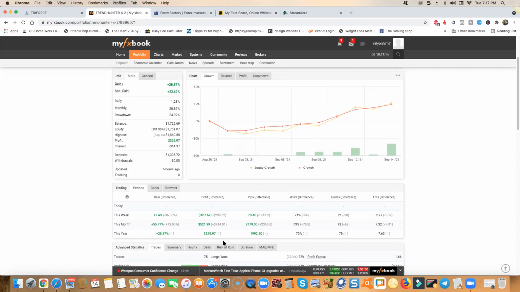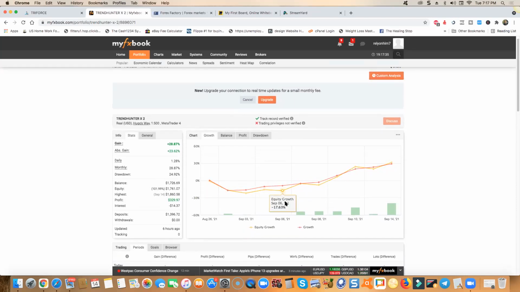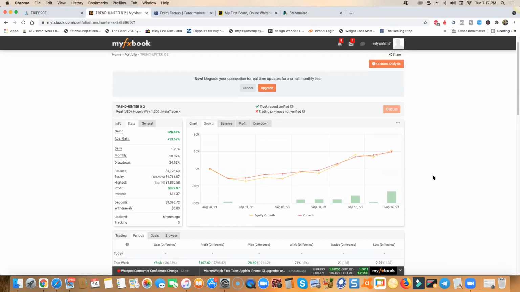I just started using this. $329 in profit so far for the month. For the week, as you can see down here, 7.4% gain. This month so far, over 50% gain. That's pretty much the software and me mimicking what it's doing because of the accuracy.